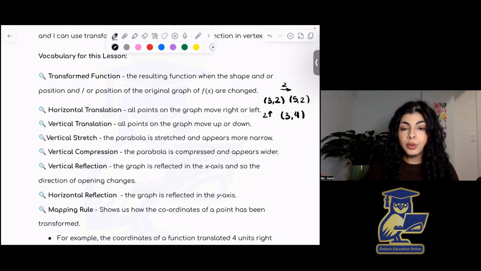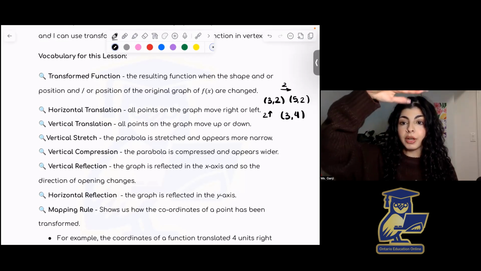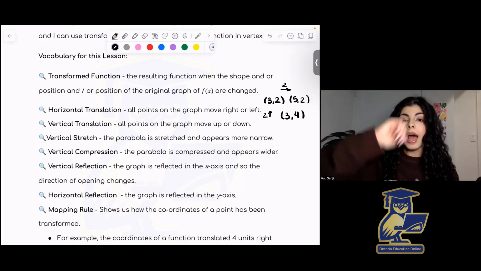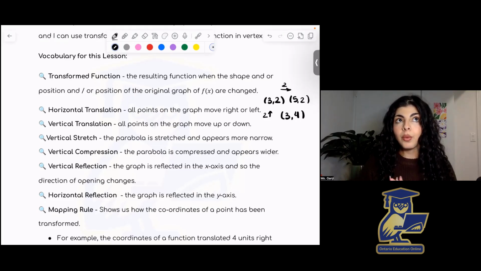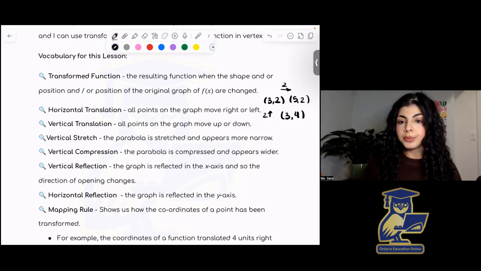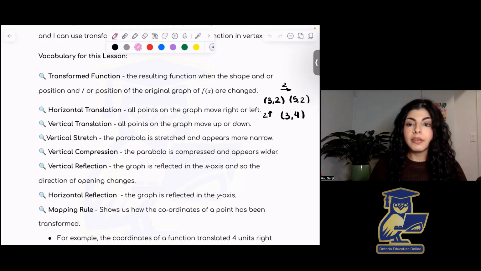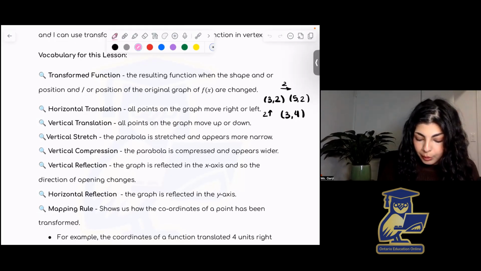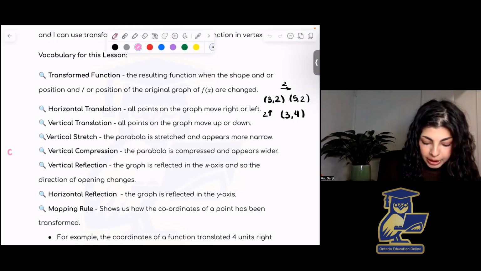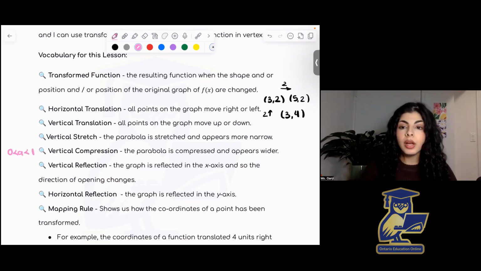In doing so, you are taking your original function and squishing it down. If our scale factor is a, we will write that a vertical compression is when a is between 0 and 1, and it's not inclusive.